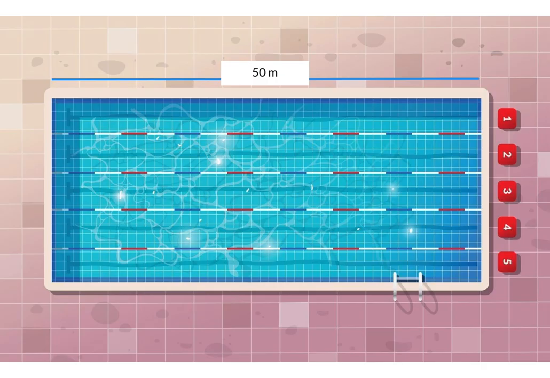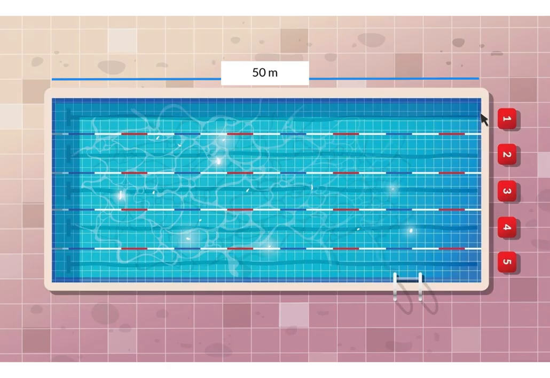So if I look at an example like swimming, in this pool here, which is 50 meters. Well, if I start here in lane 1 and I swim 50 meters this way and 50 meters back, 50 meters this way, 50 meters back, I did a total of 200 meters swimming. I went back and forth 4 times.